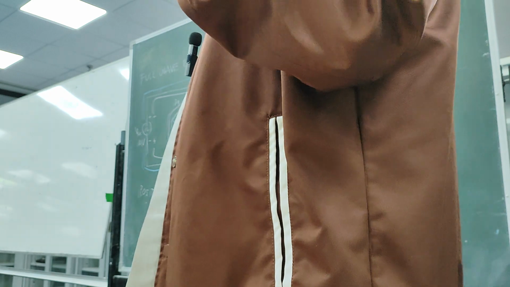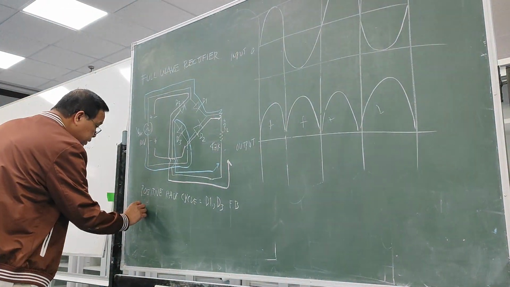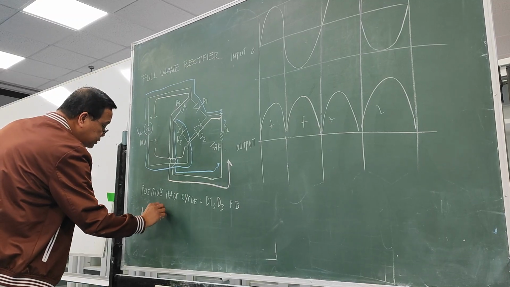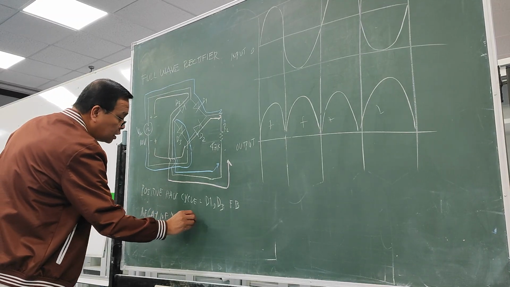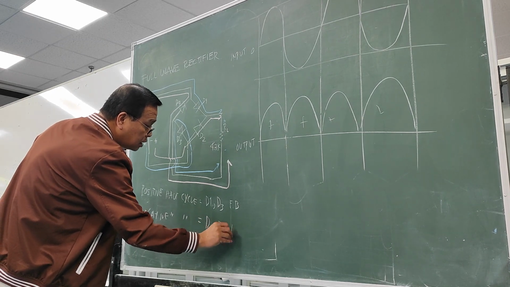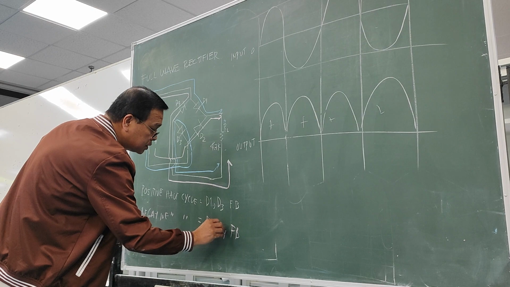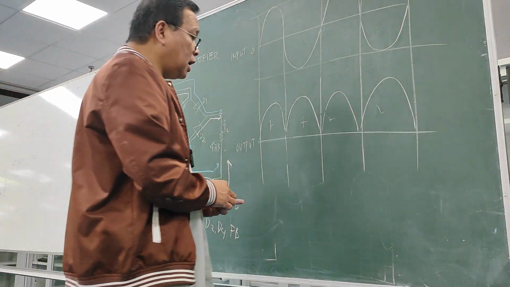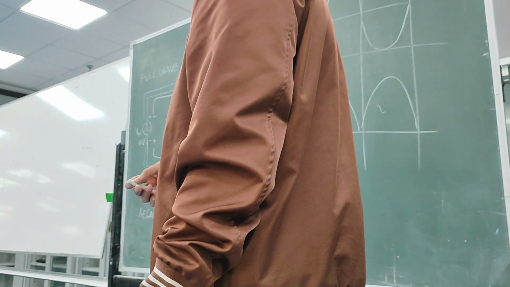And again, you have to measure also here on the negative half cycle, D2 and D4, so forward bias. Okay? And also again, don't forget the formula for ripple factor.